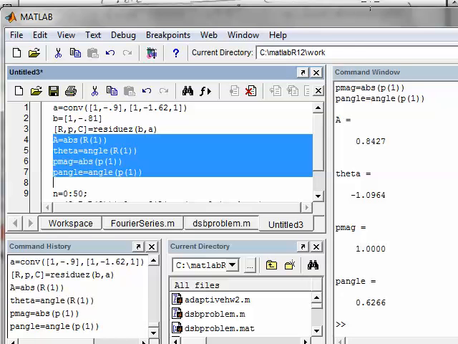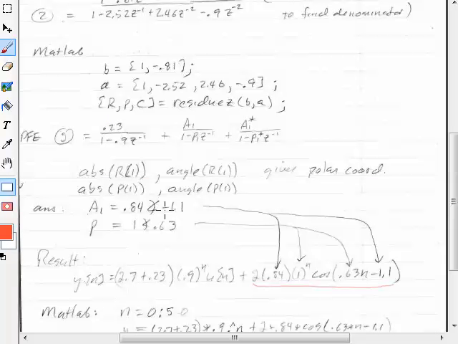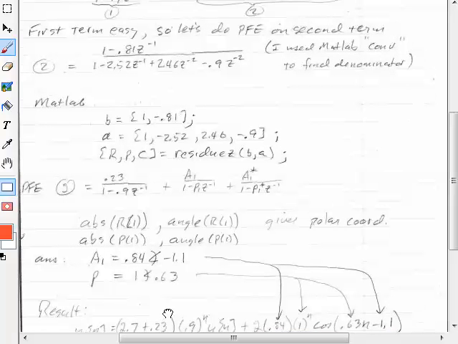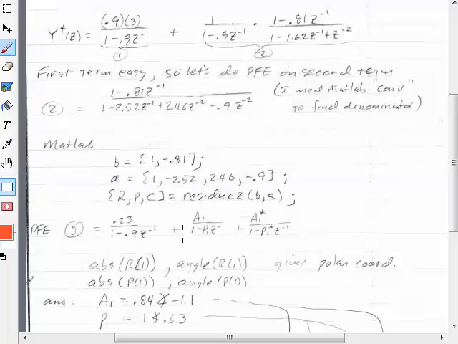All right. I've written down those results here. There's the magnitude and phase of the residue, the magnitude and phase of the pole. All right, our final result is ready to be written down now. We're going to have a decaying exponent whose constant is 0.9 times 3, which is 2.7.